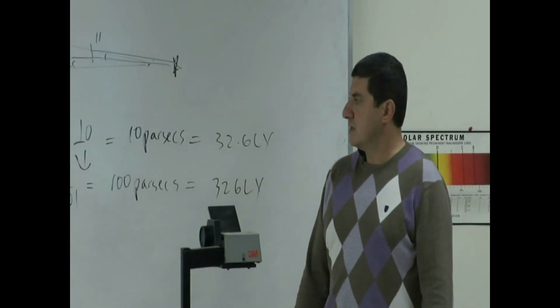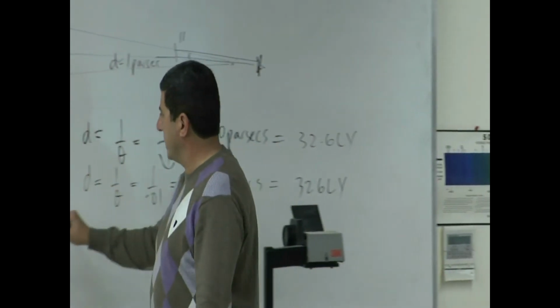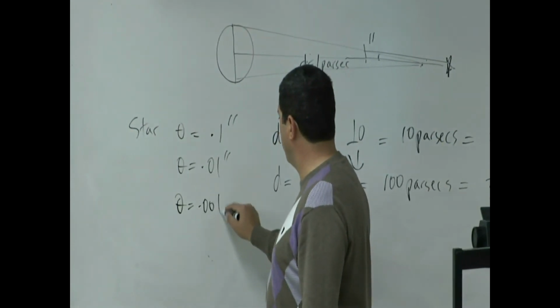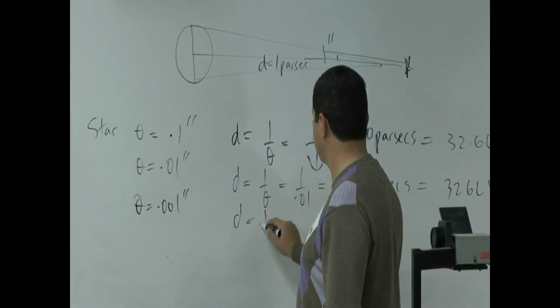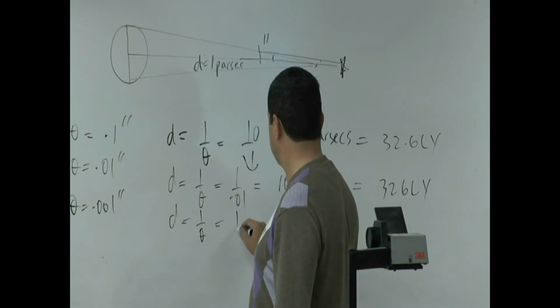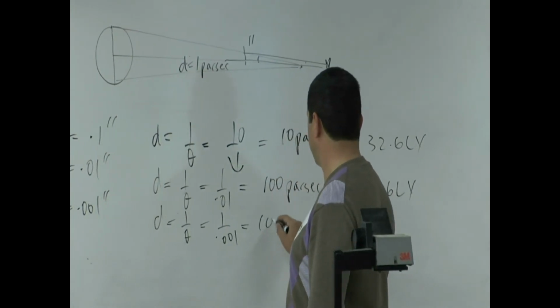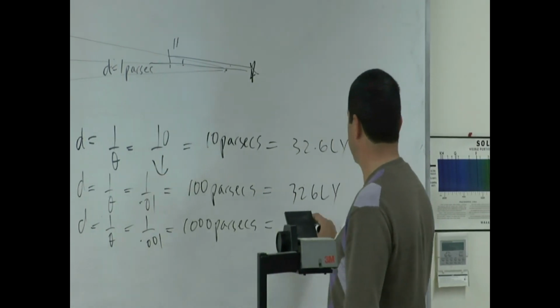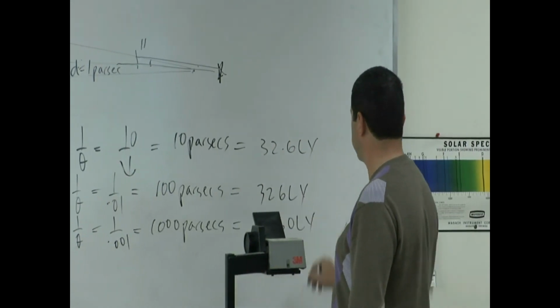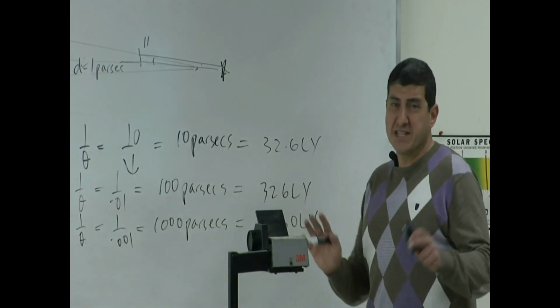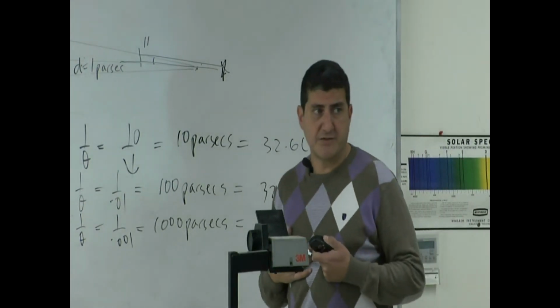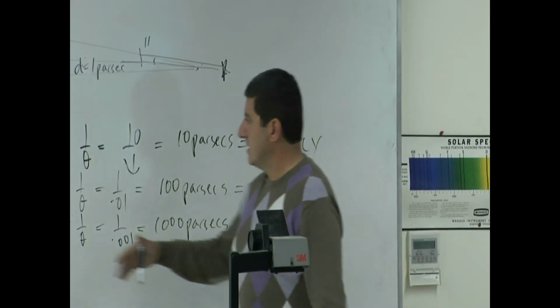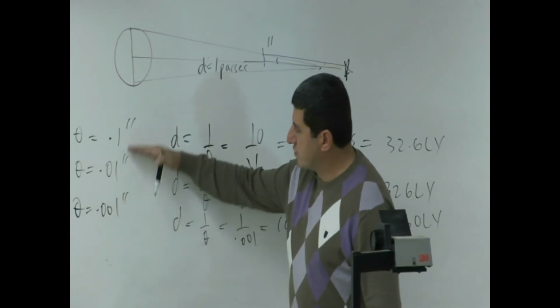And then if you go 0.001 arcseconds, 1,000 parsecs, which is what? 3,260 light years.